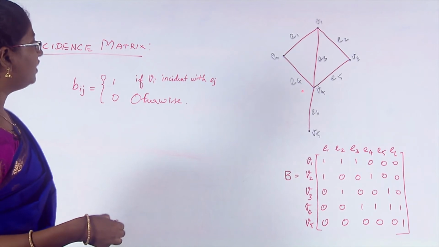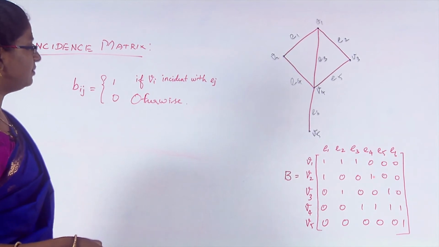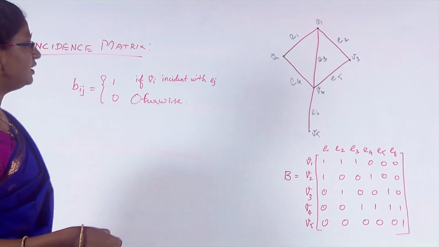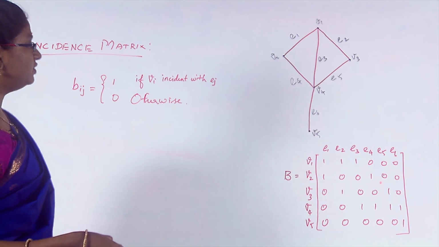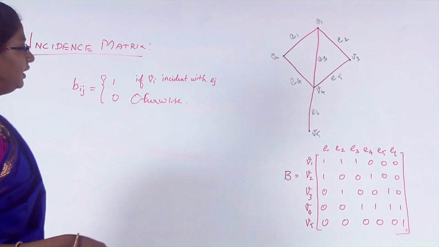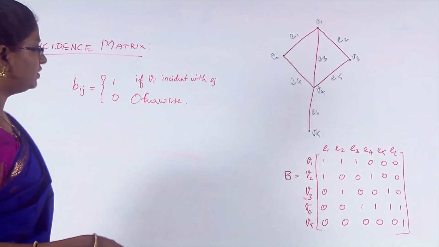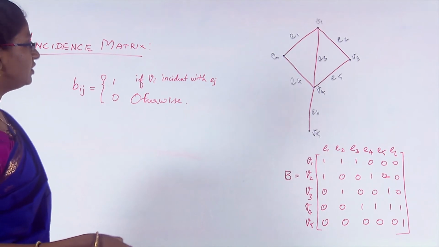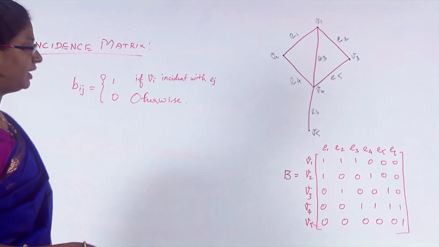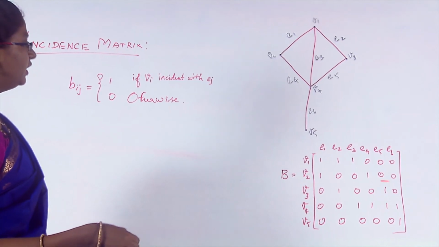E4 is incident on V2, so the entry becomes 1, and E5 and E6 are not incident with V2, so the entries become 0 and 0. Similarly, we can find all the other entries of the incidence matrix, and we found this matrix by focusing our attention on the rows.